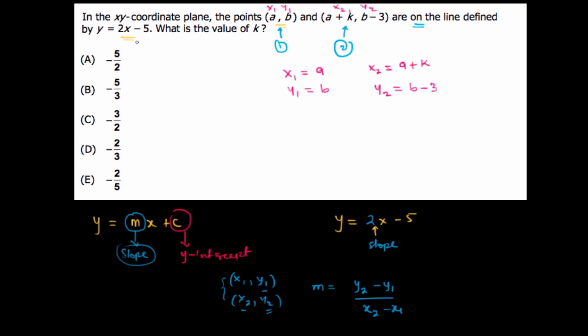Because we are told that the 2 points lie on the line, if we find the slope given these 2 points, we must obtain 2. So I'm going to find the slope based on this information.